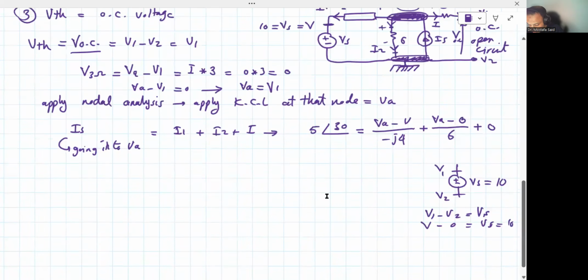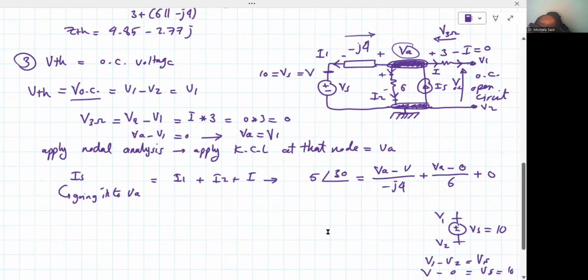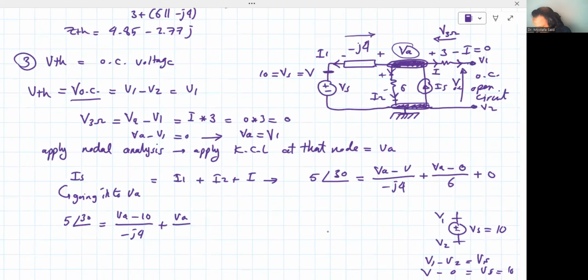Good. So 5 angle 30 equals VA minus 10 divided by minus jX4, plus VA minus 0, which is VA divided by 6. Let's write it again: VA divided by minus jX4, plus minus 10 divided by minus jX4, where the minus goes with the minus, so it's plus at the end: plus 10 divided by jX4, plus VA divided by 6.